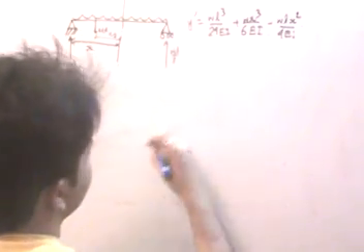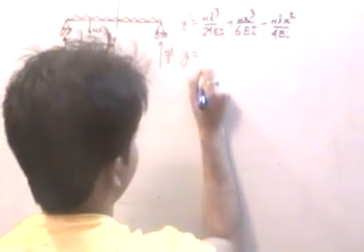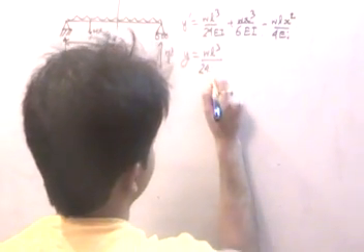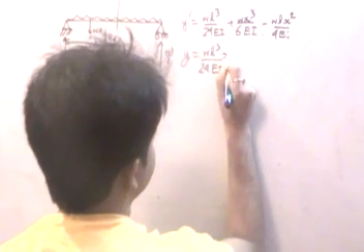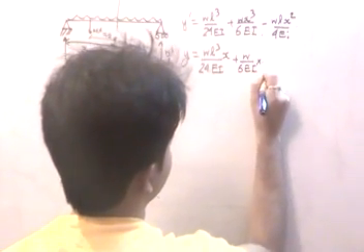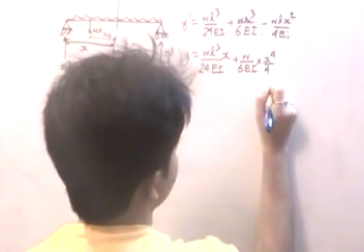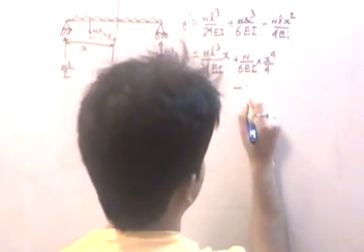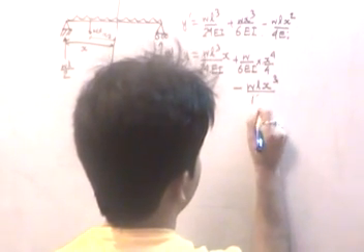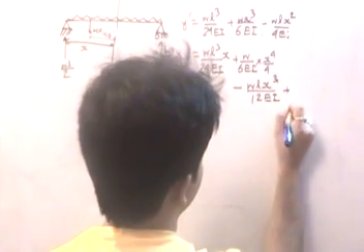The next thing we are going to do is find the deflection, and for that we multiply by dx and integrate again. Then y is equal to WL cube by 24 EI into x plus W by 6 EI into x to the power 4 by 4 minus WLx cube by 12 EI plus C2.